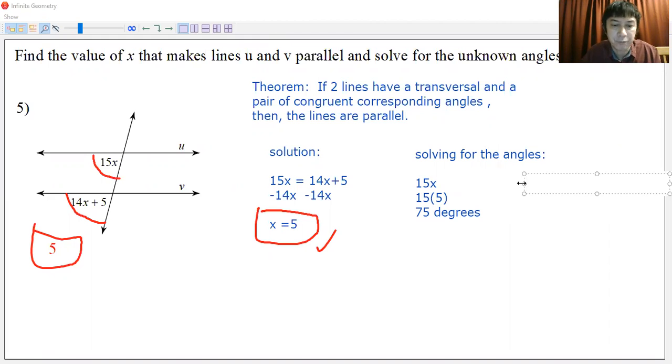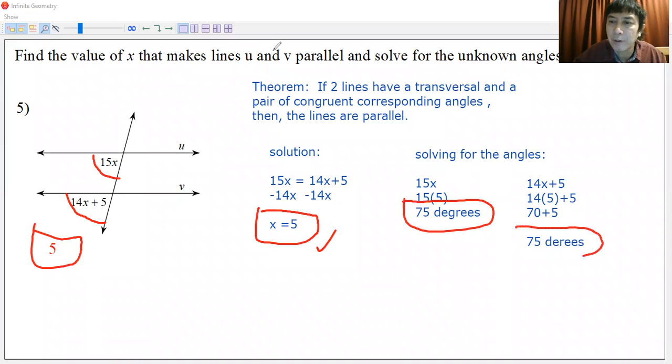This is 14 times the 5, plus the 5. And so we have 70 plus 5, giving us another 75 degrees. And we have two 75 degrees. They're equal. That means the lines U and V are parallel. The answers are 75 degrees, the required angles.